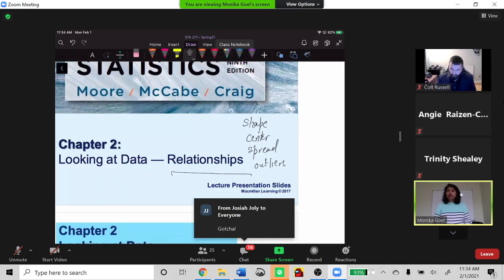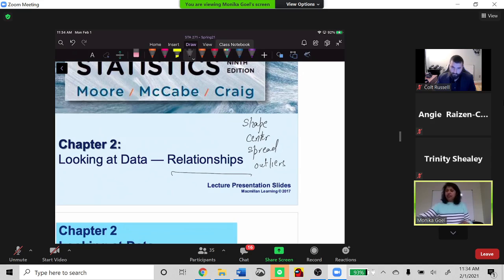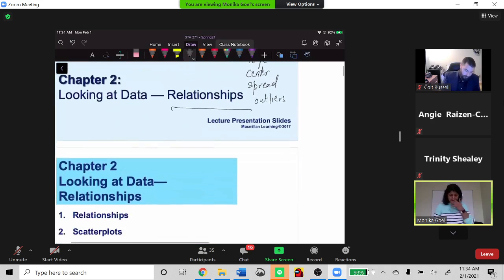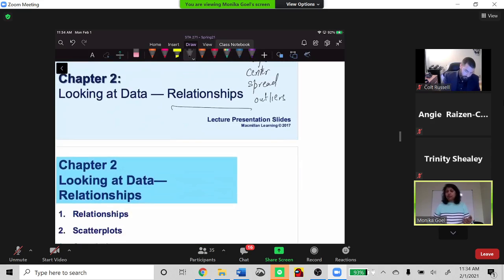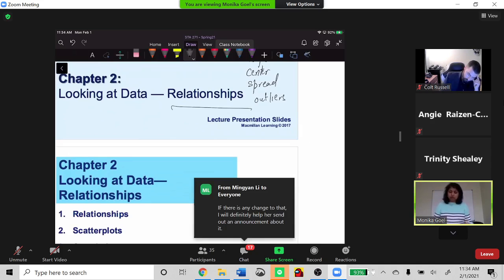Now we are going to talk about the relationship between 2 variables. When we say 2 variables, we are talking about a bivariate data set. Bivariate means each individual has 2 variables. Again, we learned in chapter 1 that individuals are the objects of interest, and the characteristics of those objects of interest are your variables.